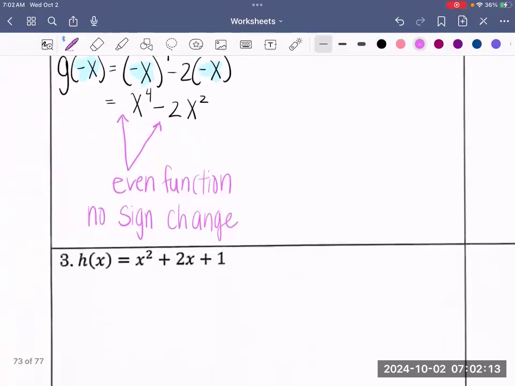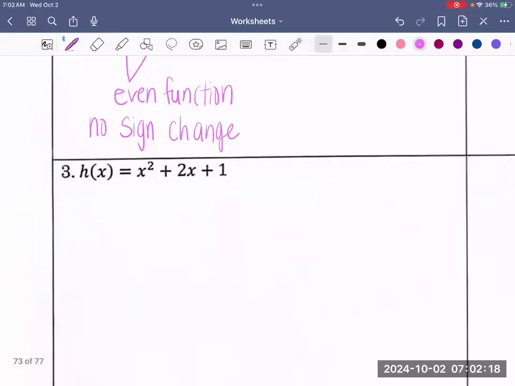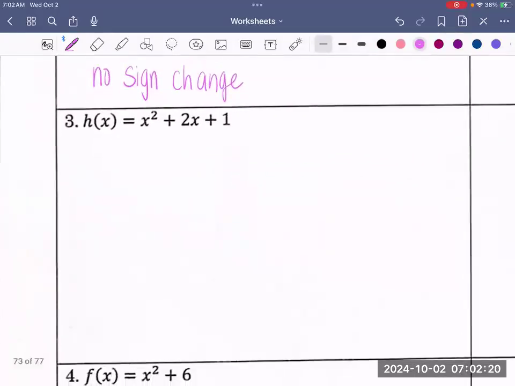So now let's look at your next equation. So we have x squared plus 2x plus 1. So, excuse me, let's go ahead and substitute your values in. So we have h of negative x, or a negative value if you prefer: negative x squared plus 2 times negative x plus 1.